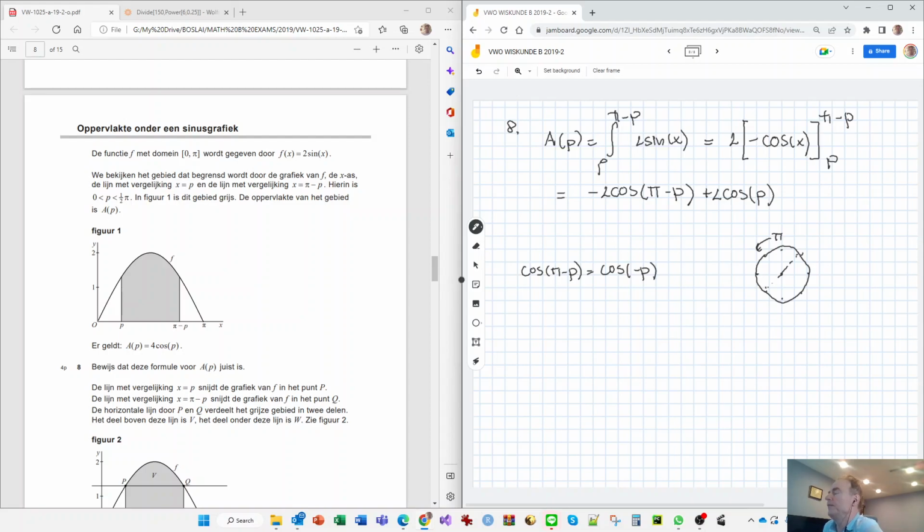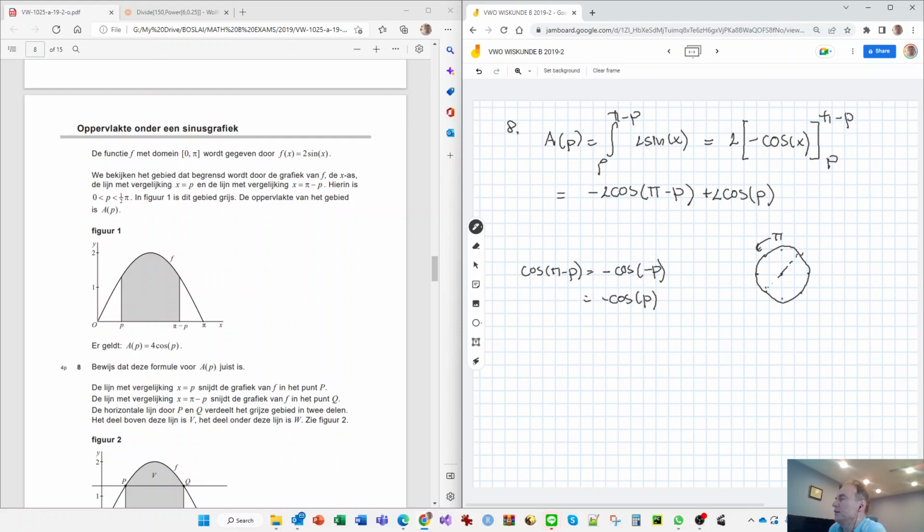minus P, and minus, oops, that was my main point just now, you pick up a minus sign, and the cosine function is symmetric, so this is cosine P. And the symmetry you can also see here.